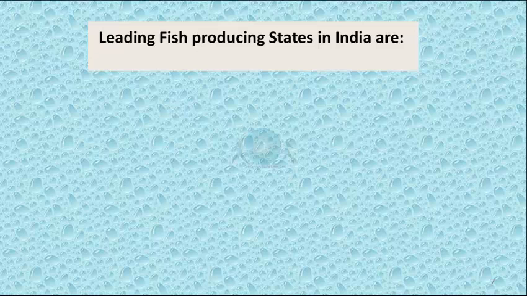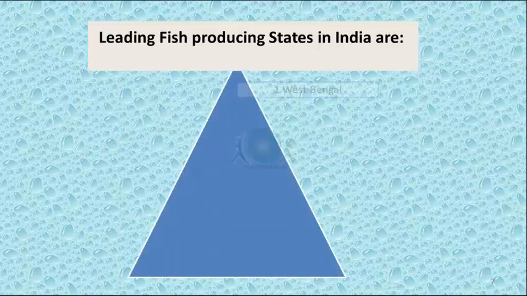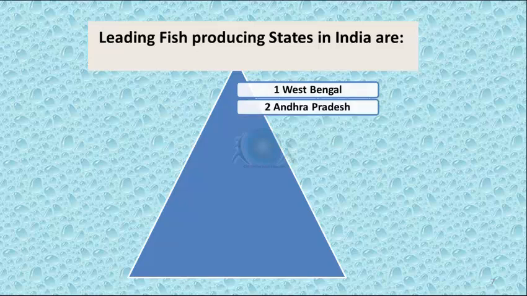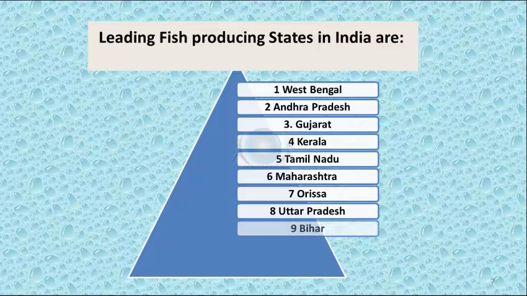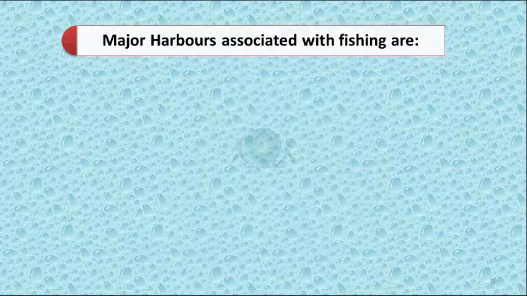Now, the leading fish producing states in India are West Bengal, Andhra Pradesh, Gujarat, Kerala, Tamil Nadu, Maharashtra, Orissa, Uttar Pradesh, Bihar, and Karnataka. There are major harbors which are associated with the fishing industry.